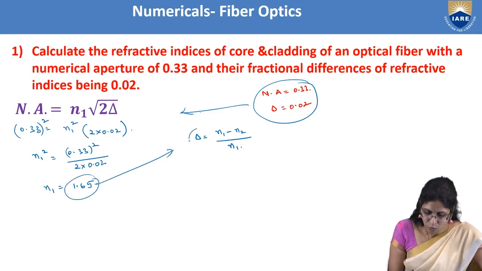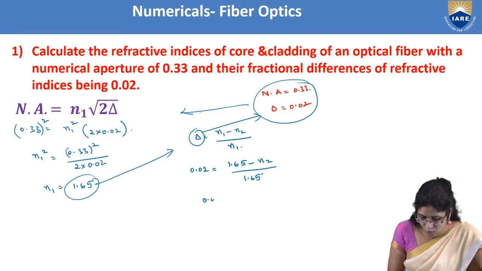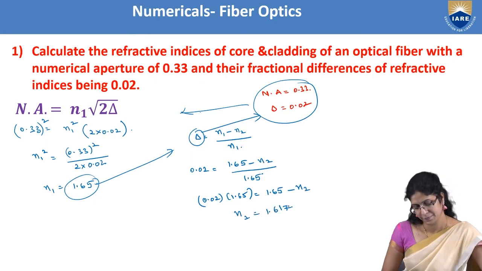We know delta as 0.02. So 0.02 is equal to 1.65 minus n2 by 1.65. So 0.02 into 1.65 is equal to 1.65 minus n2. With simple algebra, you end up with n2 as 1.617.